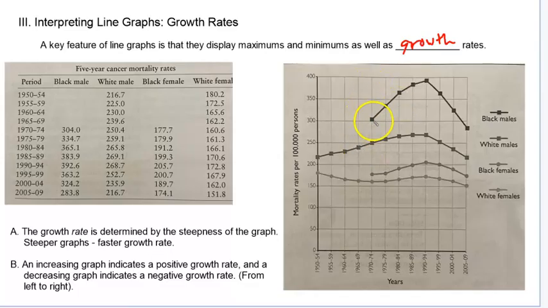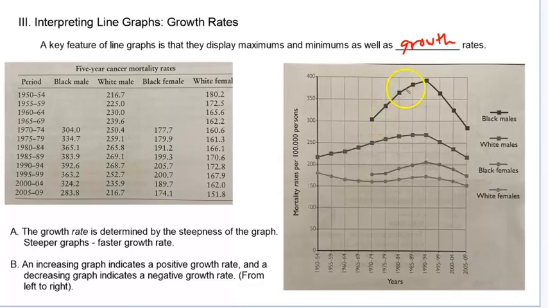And you can see looking at our graph, and we always interpret graphs from left to right, just like you read. So let's just take this top curve line graph, and that represents black males in this study. So you can see that from left to right, this line graph is, think of it as a positive slope.